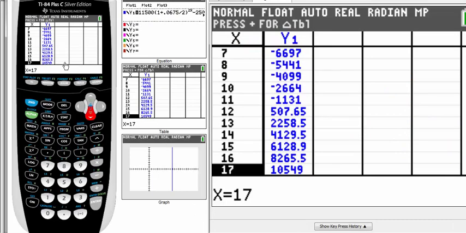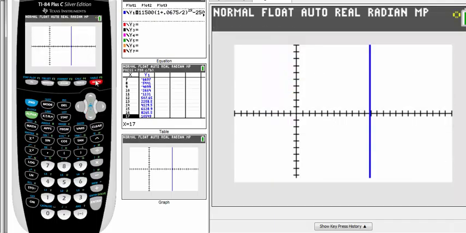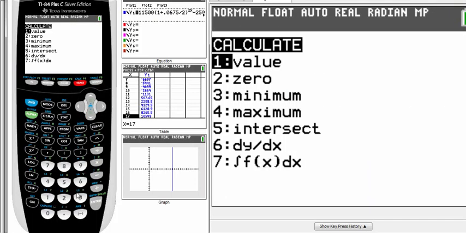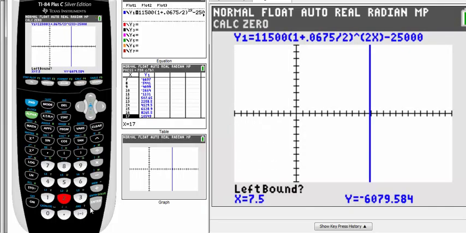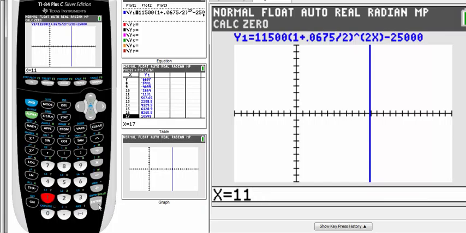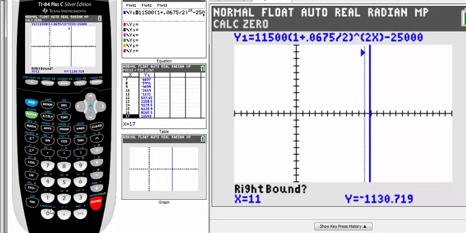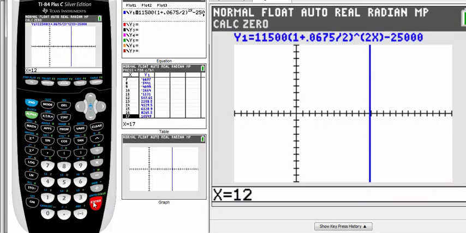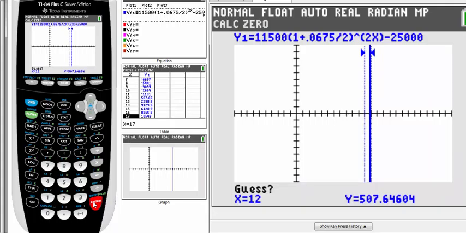Okay, so let's go ahead and look at our graph again. And again, we figured out it's between 11 and 12 years. So let's go second calc, choose option 2 for the 0 or the solution of the function. Now right here where it says left bound, you can click over if you want. It's going to be hard though because this is almost a vertical line. So I'm just going to put in 11 because we just saw in our table that our answer was between 11 and 12. There's my right bound.